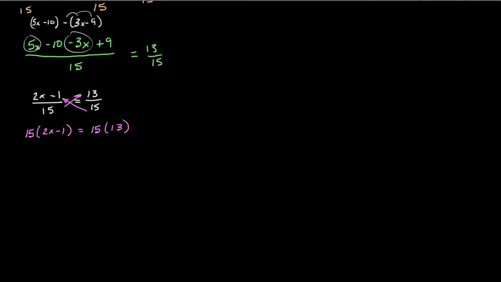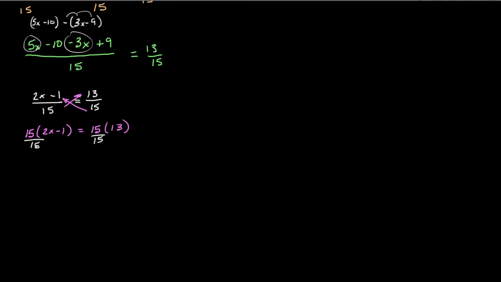I would take and divide both sides by 15. Now, I'm multiplying and dividing. Only one of them happens. I don't divide the 15 into the 15 and the 2x and the negative 1. I divide it into the 15, or I divide it into the 2x minus 1. It's all one chunk.